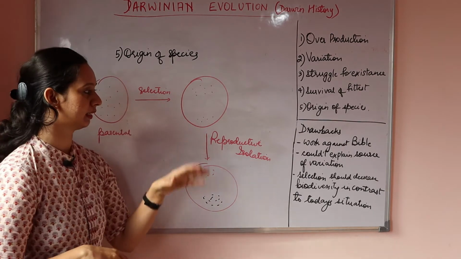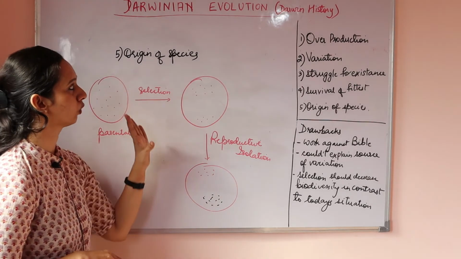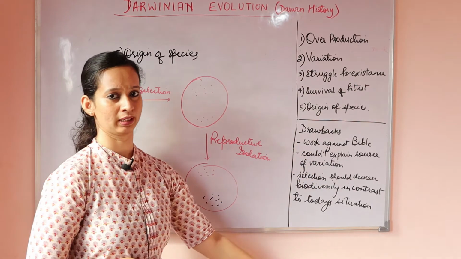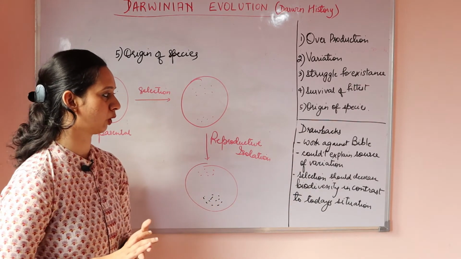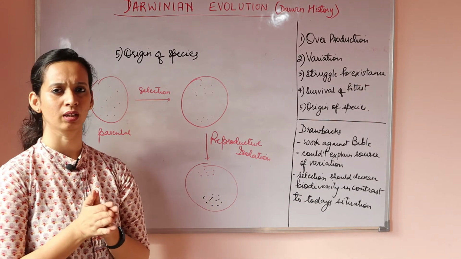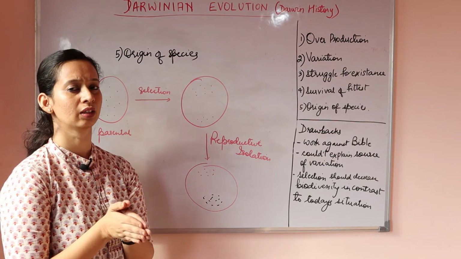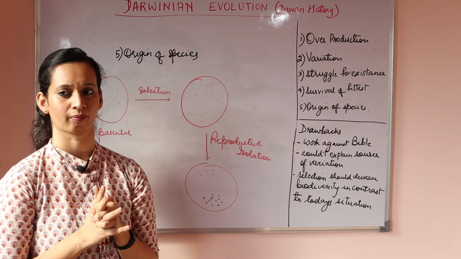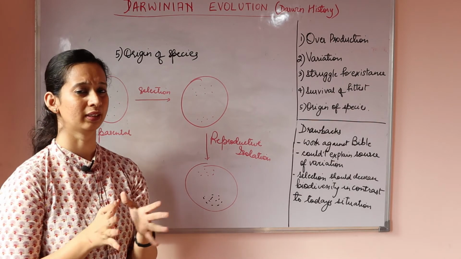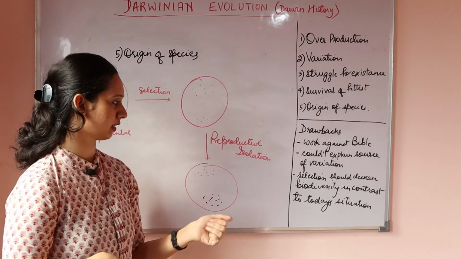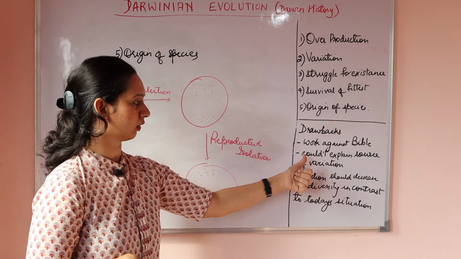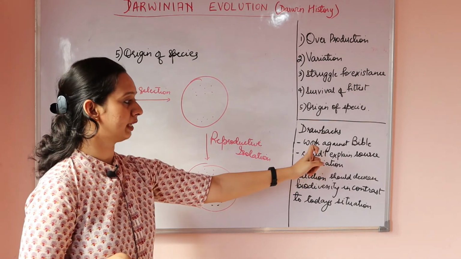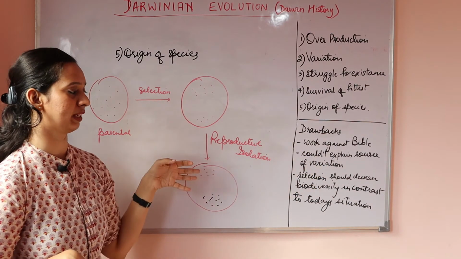And these were the 5 postulates of Darwin's. There are a few drawbacks which you just need to touch upon. Darwin's work at that time was against religion, so he was criticized for that at that time. Now it doesn't matter. Second, he couldn't explain the source of variation.